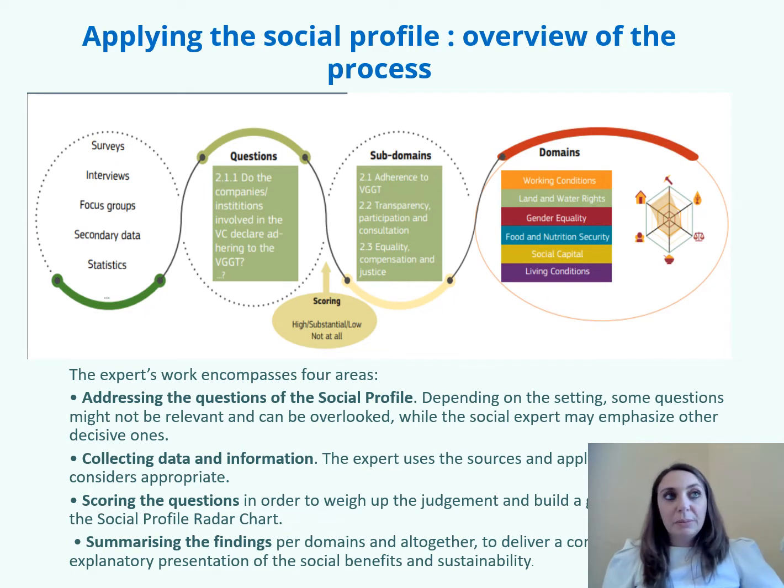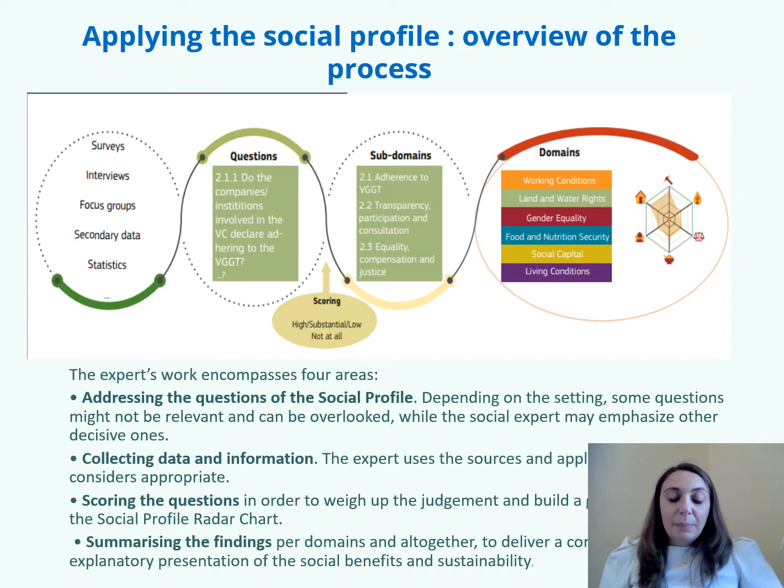You have to bear in mind that the social profile with the 63 questions was built to be applied to each value chain in all countries. So it might be possible that some of the questions are not relevant for your case and may be overlooked. And it might also be possible that you may want to address in your social analysis some questions that are not taken into account by the social profile.